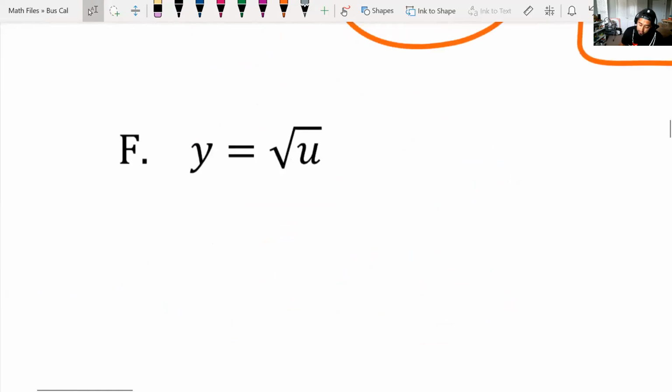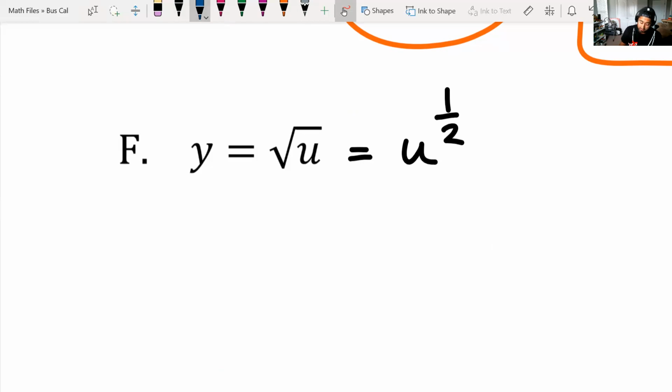Again, y equals the square root of u. We do not know how to take the derivative in this form. So again, we must algebraically rewrite it. So the square root of u can be rewritten as u to the 1/2.